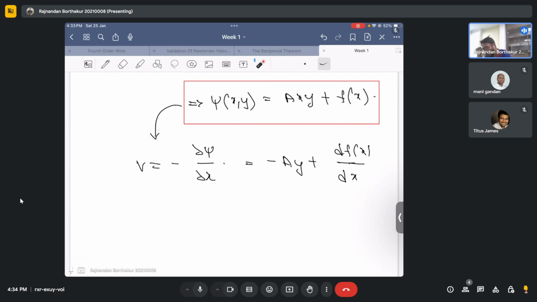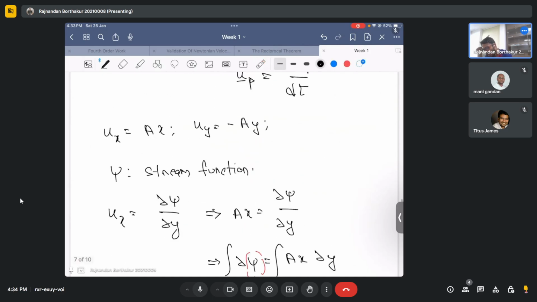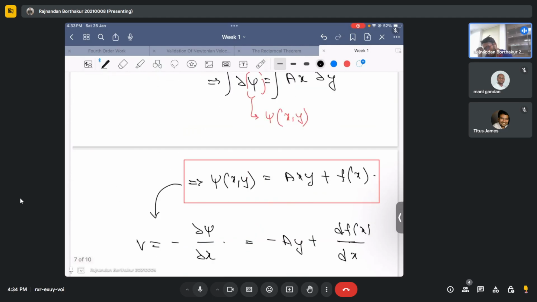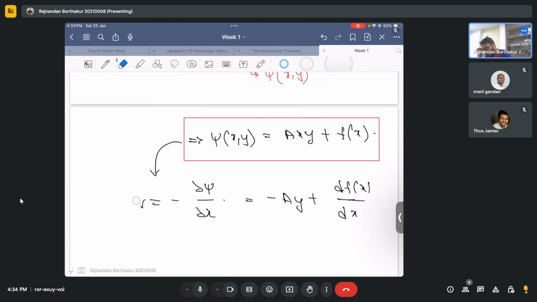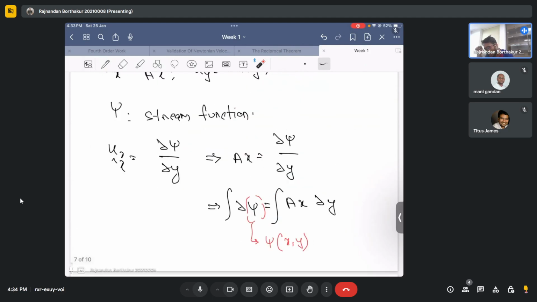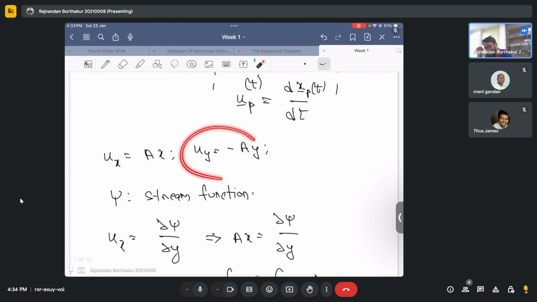From the question, we know that this v is actually uy, the y component of velocity, and from the stream function it is minus ay plus df of x by dx. But from the definition, I know that uy is just minus ay.